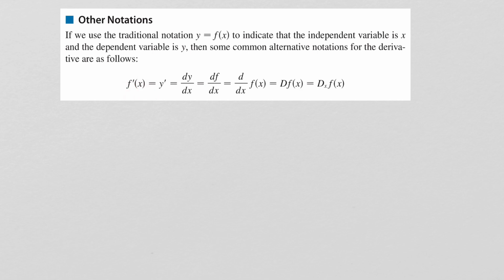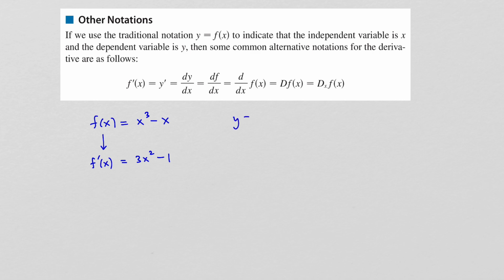Now, if you set your equation up so that it says y equals your function, then it's typical to use y prime or dy dx. So just to make this really clear, if my function is f of x equals x cubed minus x, then I'm going to say my derivative is f prime of x, which would be 3x squared minus 1.